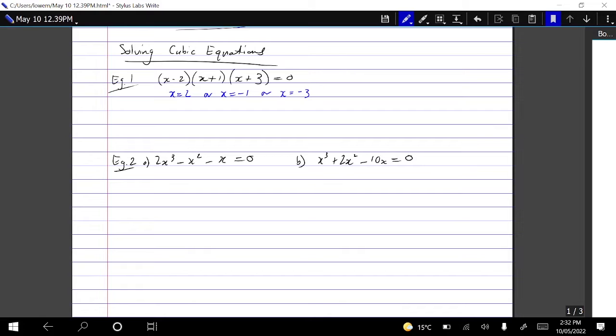Okay, so we just want to apply what we already know. So factorise and then use the null factor law to get our solutions.